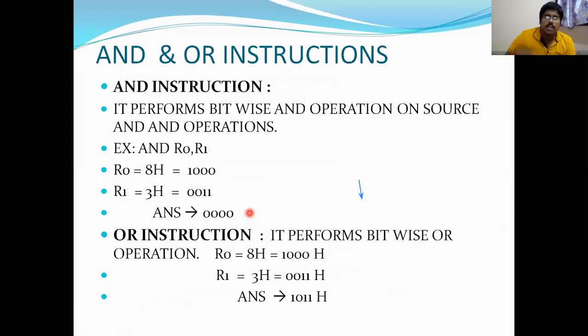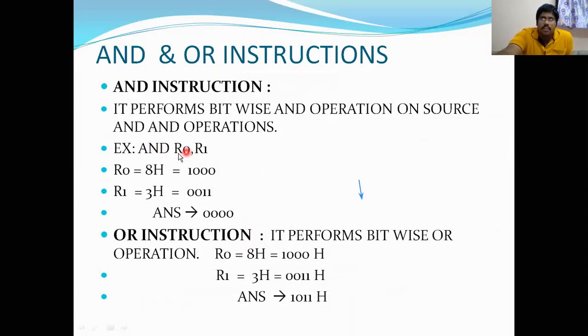Next one, AND and OR instructions. The AND instruction will perform logical AND between the given values. Bitwise logical AND. What does it mean? Here I have taken an example of AND R0 comma R1.